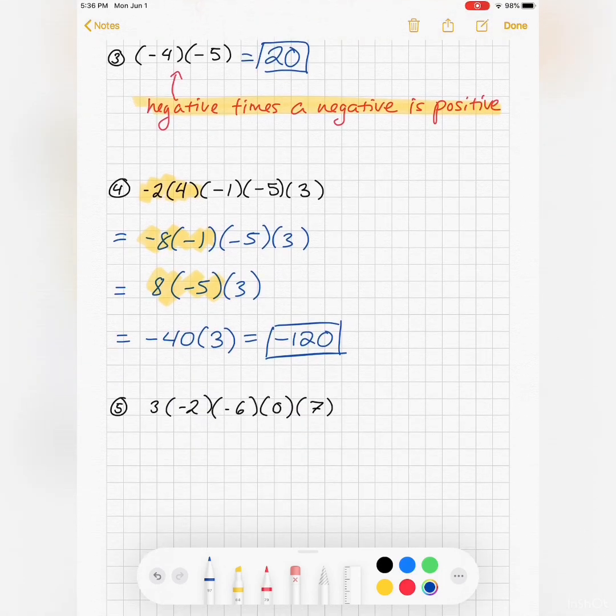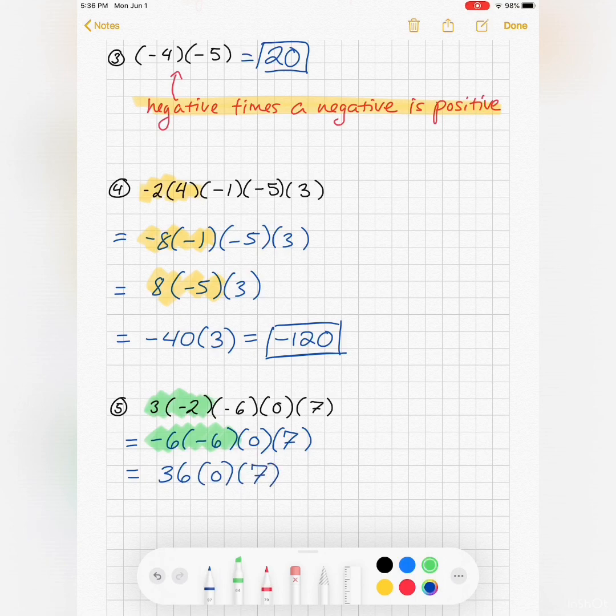Here's another one with multiple factors. Again I work from the left. A positive times a negative is negative. A double negative, a negative times a negative is a positive. Oh, this is a special one.